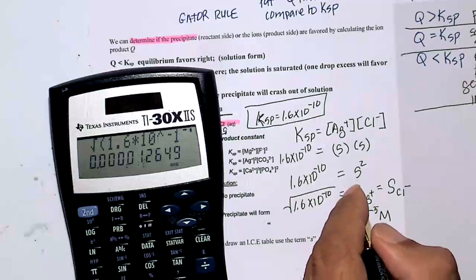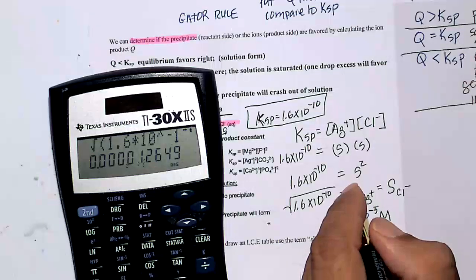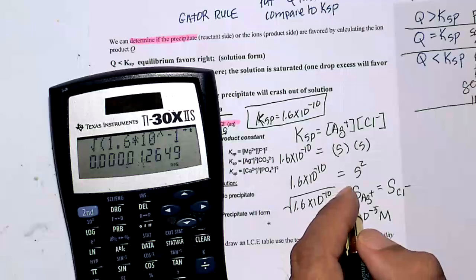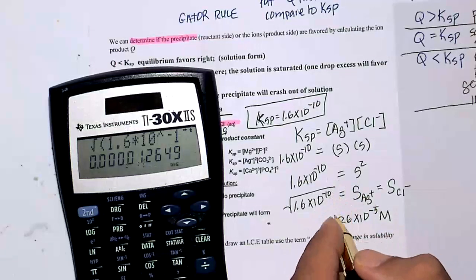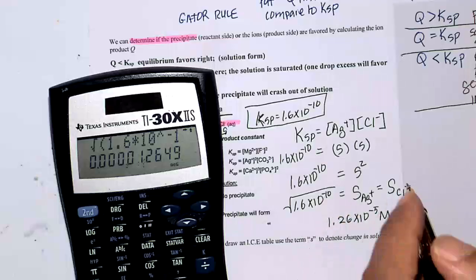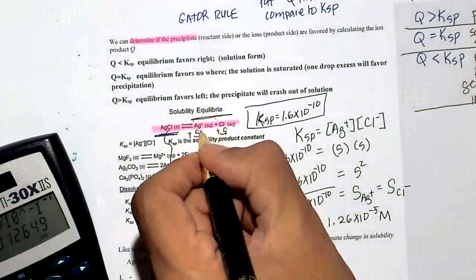And that's molar. So this is how many moles per liter of Ag plus goes back in here.